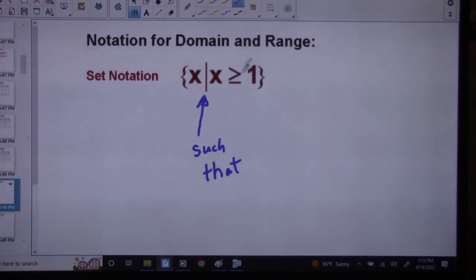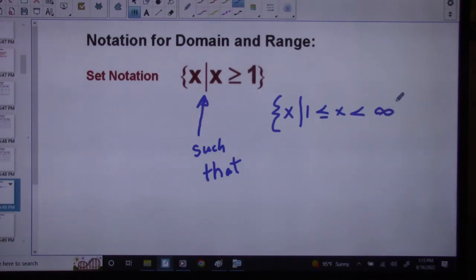And most of the time, where it's one-sided like this, you'll see it. You could also see it like x such that 1 is less than or equal to x, which is less than infinity.